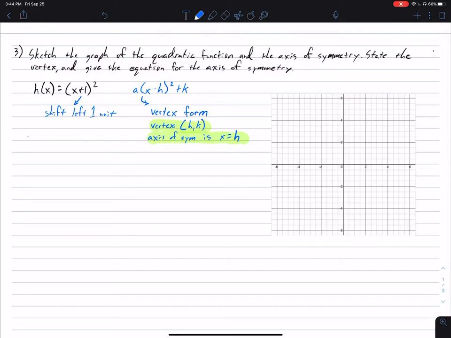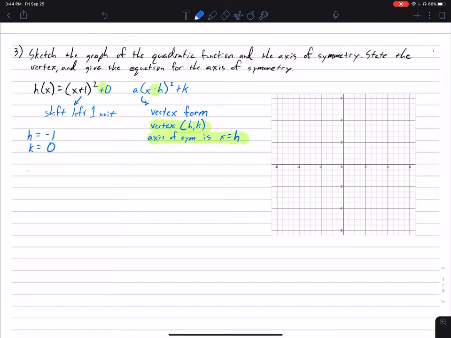There is no a. But h, all right, we have a plus 1 there. But remember, or be careful, the formula is minus. So we have a plus, so that means h is going to be equal to negative 1. And k in this problem, well, we're looking for what's over here. If we were to put something there, it would have been plus 0. So k in this problem is 0.